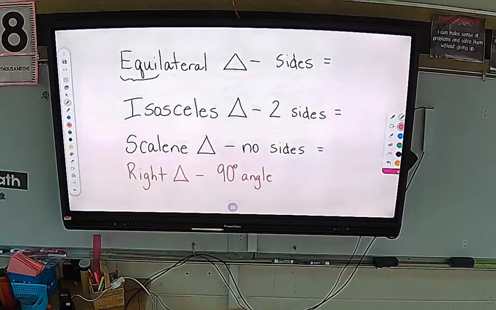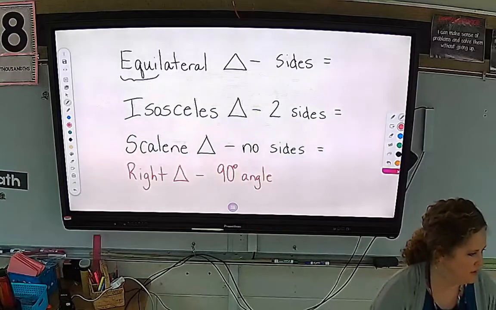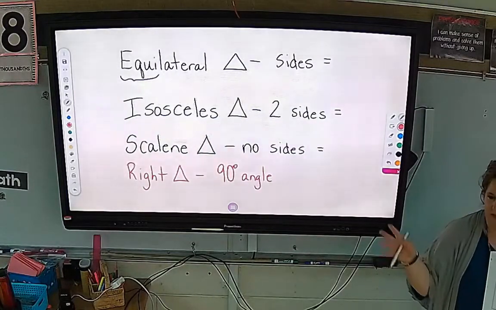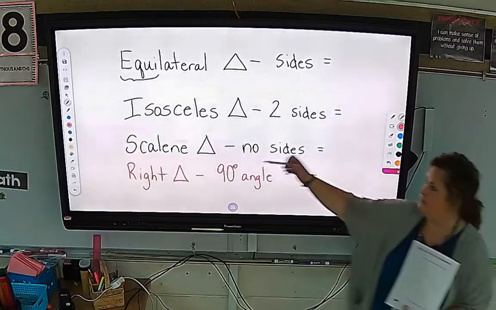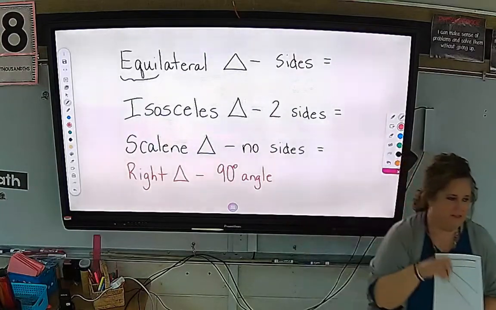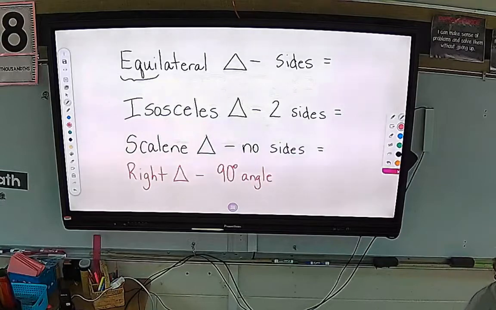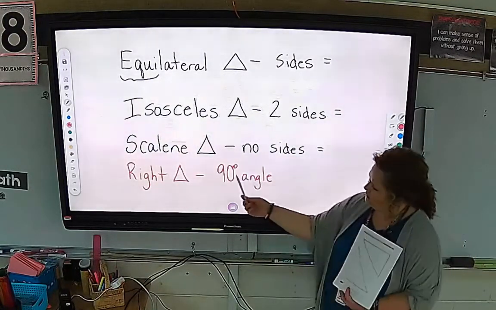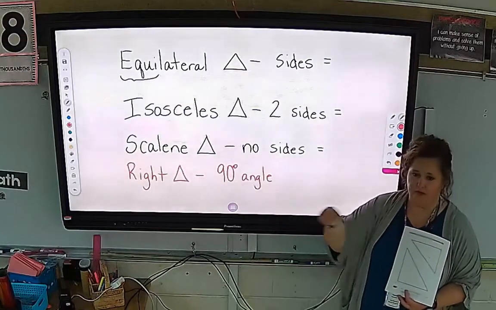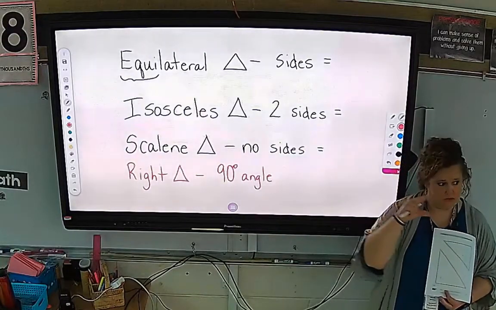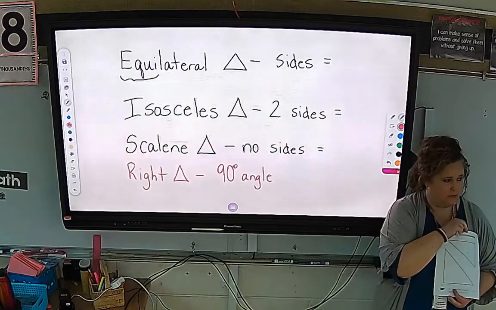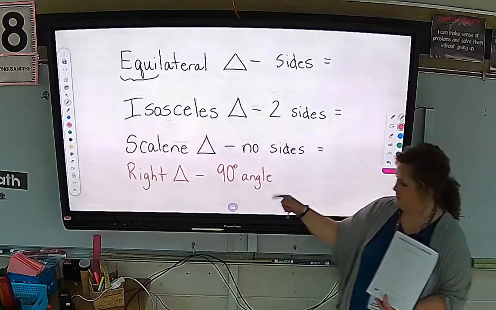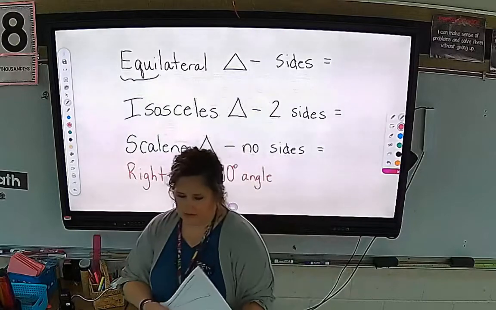If you measure all three angles and add them together, they are equal to 180 degrees. No matter the type of triangle, the angles inside of a triangle add up to 180 degrees. So if one of the angles is 90 degrees, the other two both have to be acute and add up to the other 90 degrees. So we've got right triangles.